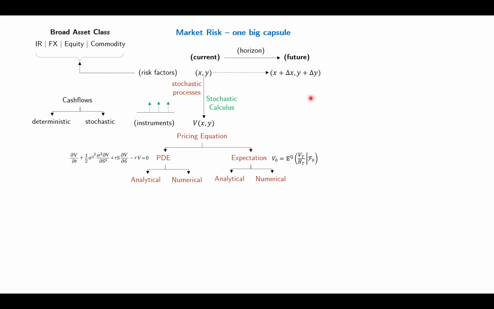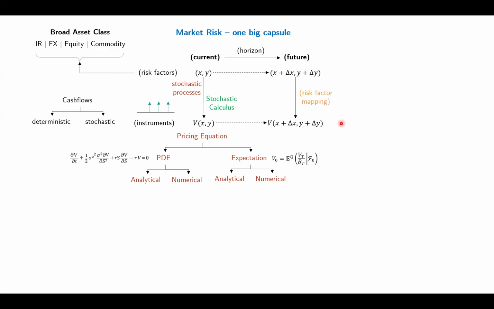In future. But you don't know how much it will be because future is always uncertain. Nobody knows what the future holds for us. Once you figure out the changes, we can figure out the new value of the instrument, which depends on these risk factors. These factors have changed, so my value would also change.